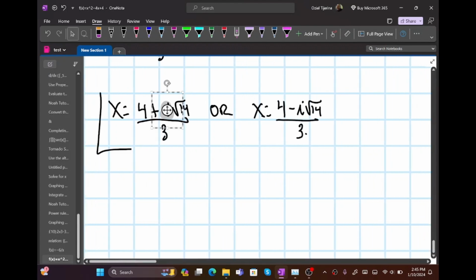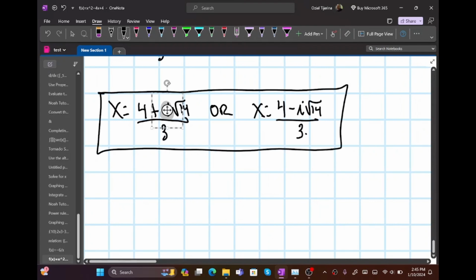So these are going to be our two solutions, guys. That's how we do this problem.